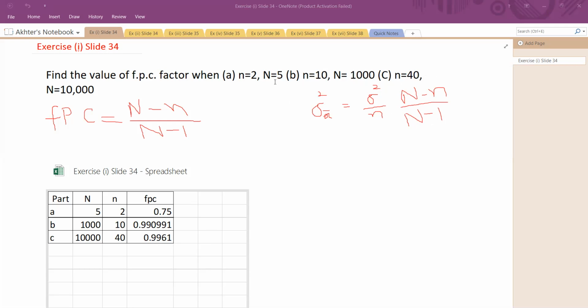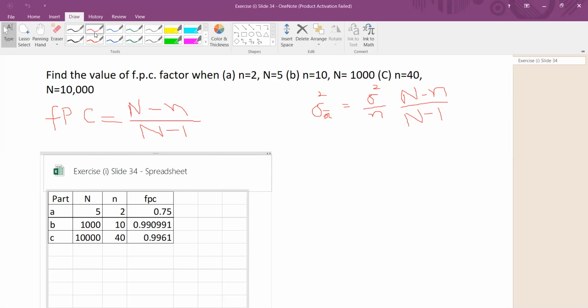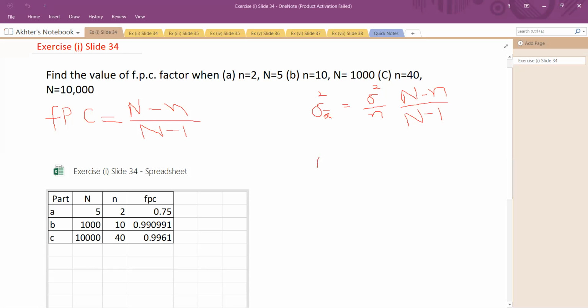So for a large sample size, the value of FPC will be 1, and the variance of the distribution of mean will be equal to sigma square upon n.